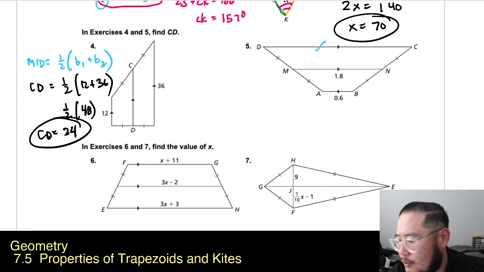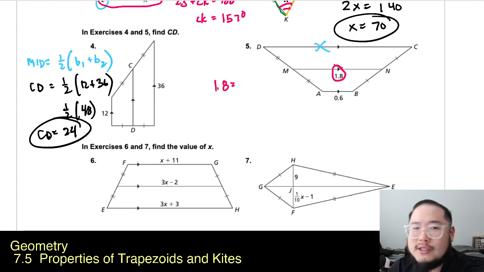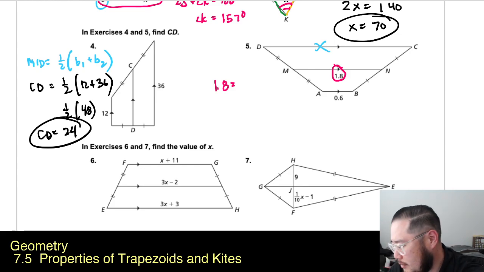And if we put everything together in the equation, we should be in good shape. This time they give us the mid segment, it's 1.8. So let's take 1.8, which is the mid segment, and set that equal to 1/2. Base 1, we don't know. That's C to D. I could also substitute that with x, but I'm going to put CD right here, and then it's going to be plus 0.6. And let's get our answer right here.